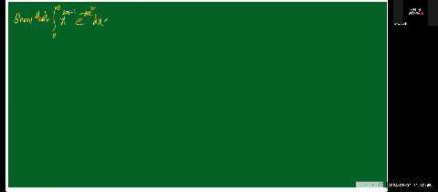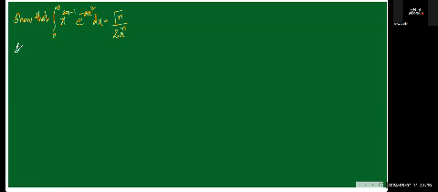And we have to show this answer is gamma n divided by 2 into a power n. You have to prove this result. Integral 0 to infinity x power 2n minus 1 e power minus ax square dx. So what is it related to? This is also gamma.